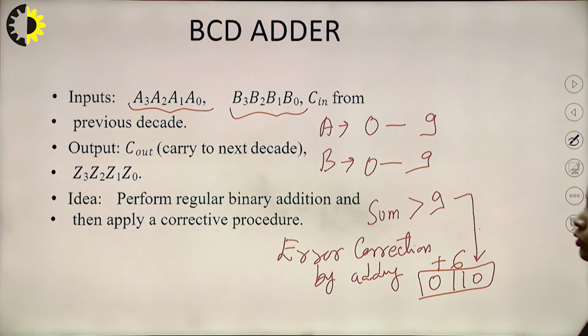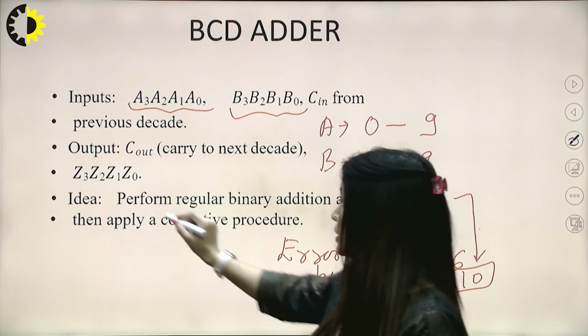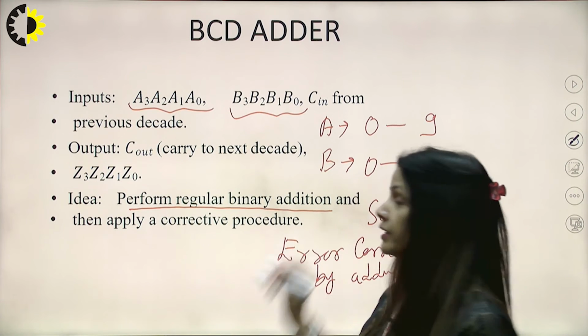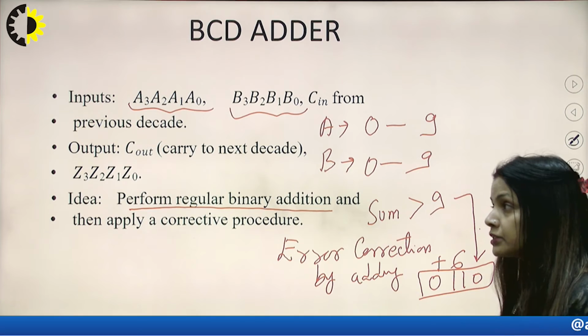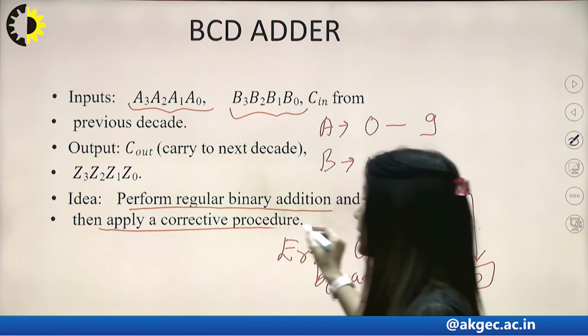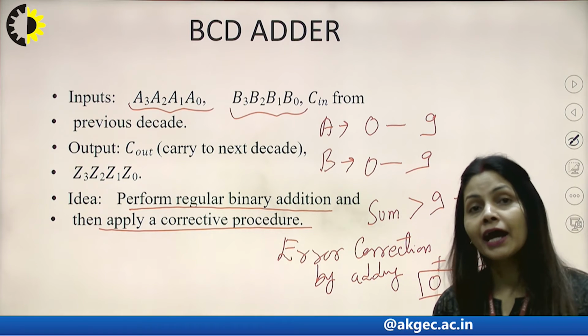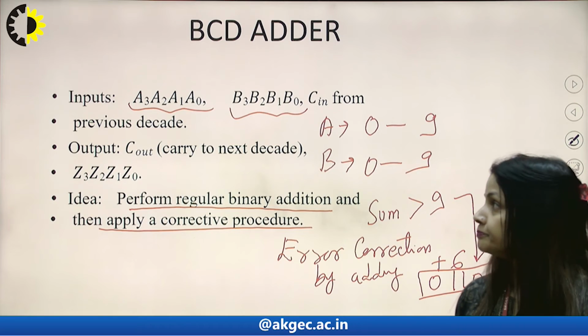Whenever the sum is less than 9, regular binary addition takes place, and whenever the sum is greater than 9, we apply a corrective procedure of adding 6 to the sum.